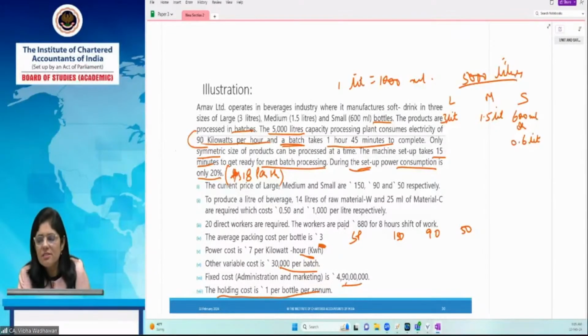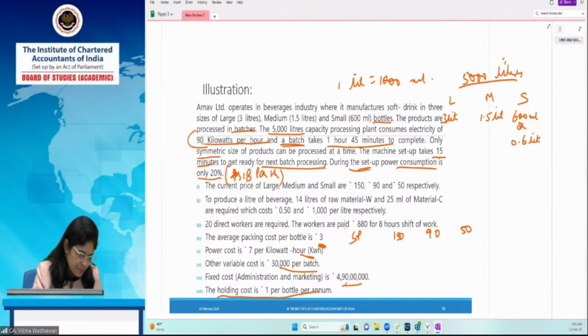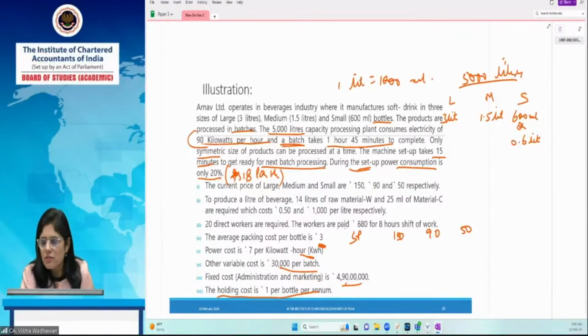5,000 liters, and 3 liters in one bottle. So how many bottles? 5,000 liters divided by 3. 1666 bottles we can prepare at one time. Again, I'm saying in one lot 5,000 liters can be produced, and only one size at a time can be produced.